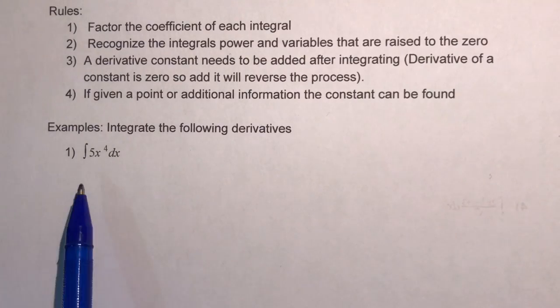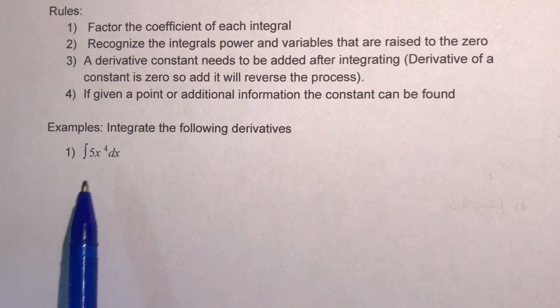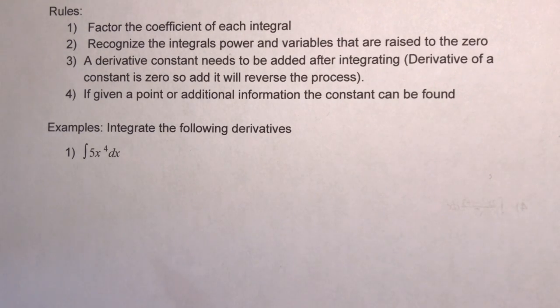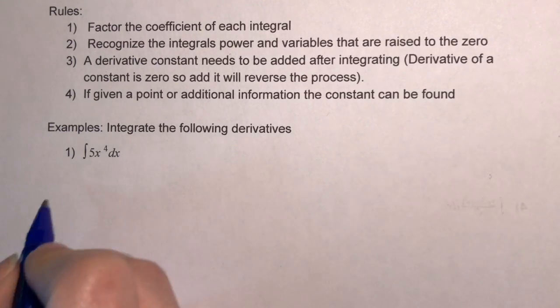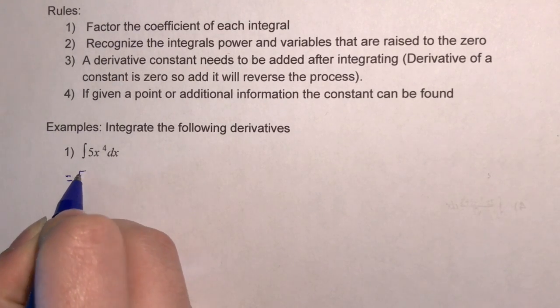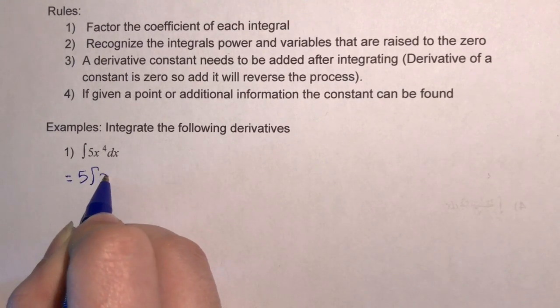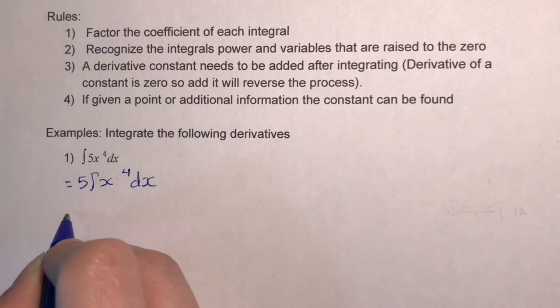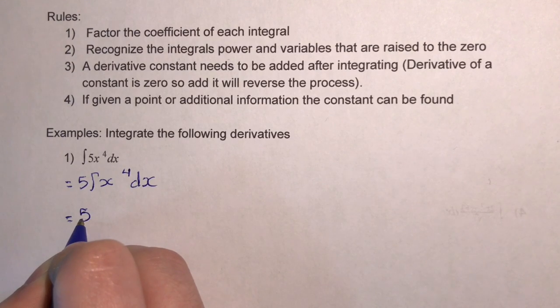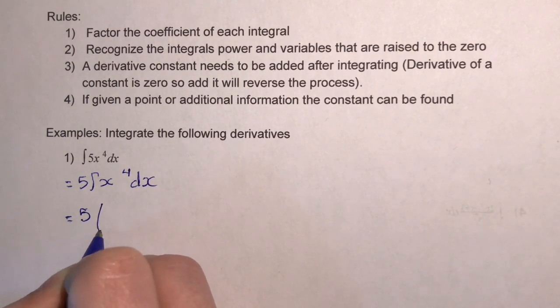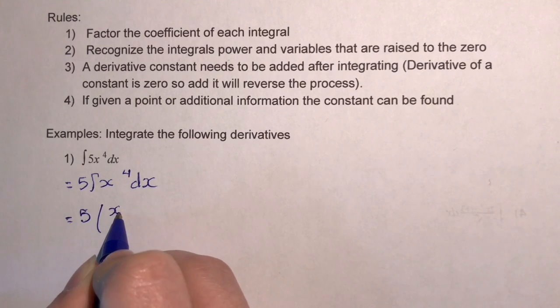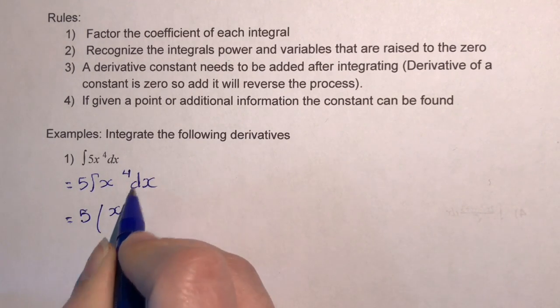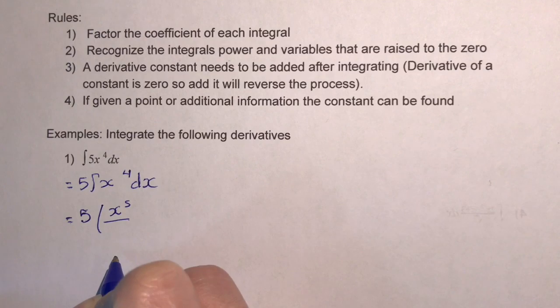Our first example is the integral of 5x to the 4 dx. So our first step is to factor the coefficient of each integral. So in this case, we only have one integral. So we are going to factor out the 5. And we are going to apply the integration for power rule, which is going to equal 5 times x to the 4 plus 1, which is 5, over 5.